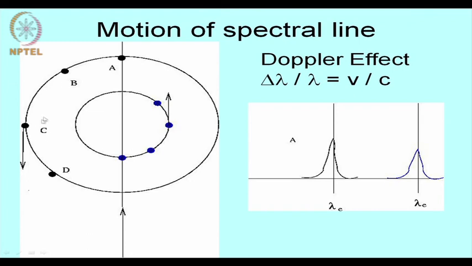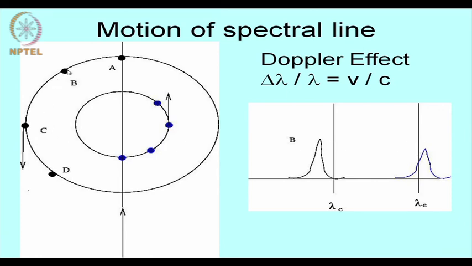So, we have a blue shift. This object is moving away from the observer. So, we have a red shift. So, the wavelength of this object in position B has shifted, it has become less, whereas for the object here, which is moving away from the observer, the wavelength has increased.